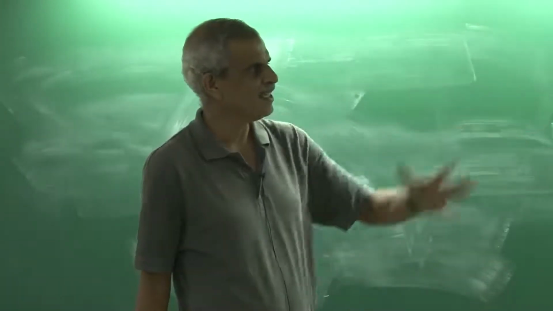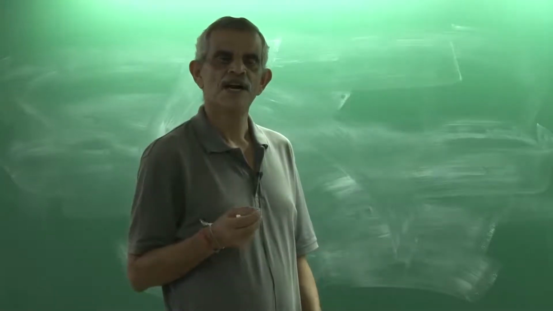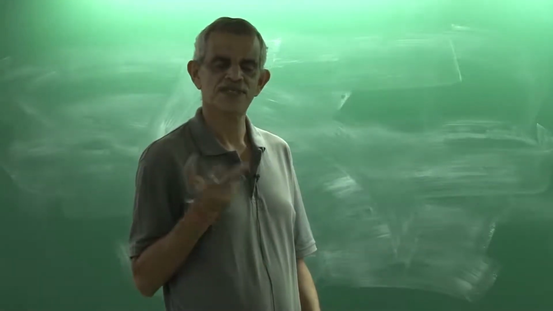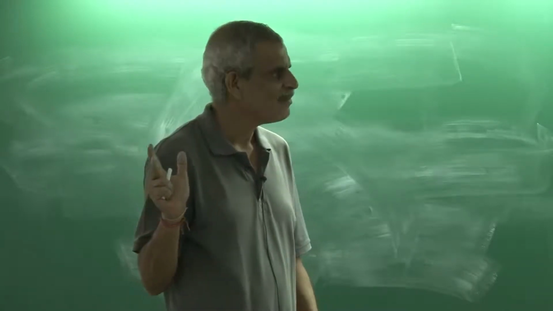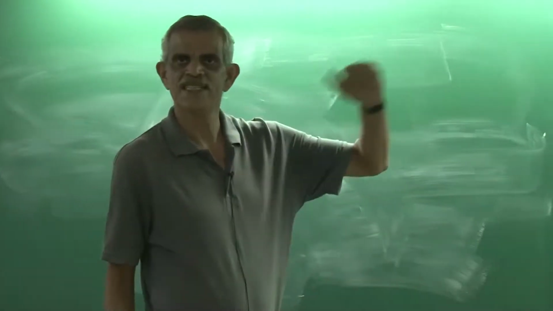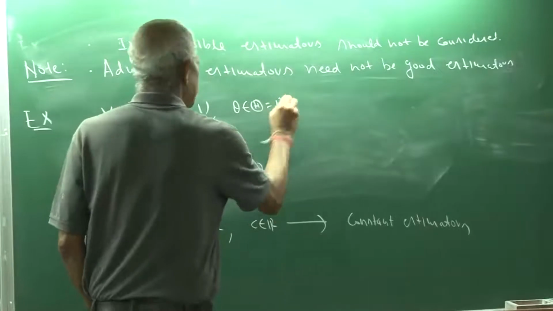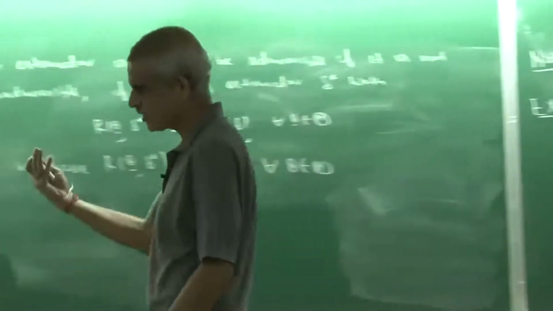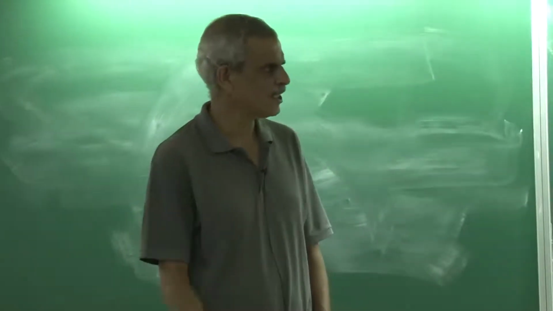Constant estimator 0 says that whatever the data may be, my mean is always 0. It is a lazy person saying, I don't care about the data, my estimator is always 0. And you know that the mean can be anything, theta belonging to R. Such an estimator would be undesirable because it says you always estimate theta by 0, or in general by any constant c.